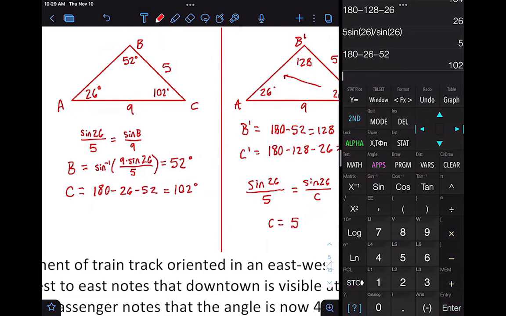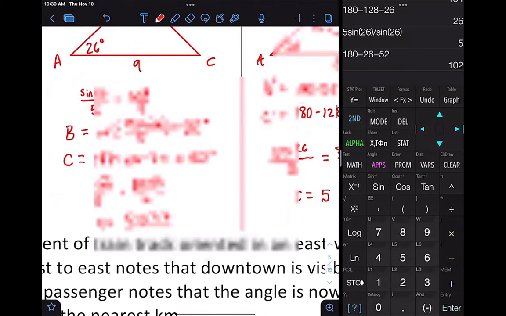The picture just kind of helps us get started here. And then for side C, you can go and do law of sines again. So you will use law of sines quite a bit today. You'll do sine of 26 over 5 equals sine of 102 over C. And then C will just be 5 sine 102 divided by sine of 26.